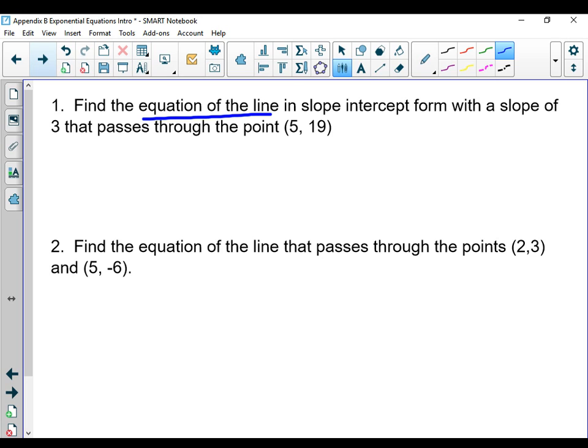And we're given the fact that the slope is equal to 3, and we also know it goes through the point (5, 19). The second one, same idea. This time we're going to find the equation of the line, but all we know is it goes through those two given points. All right, so for both parts, you're trying to find the equation of the line based on some different pieces of information.